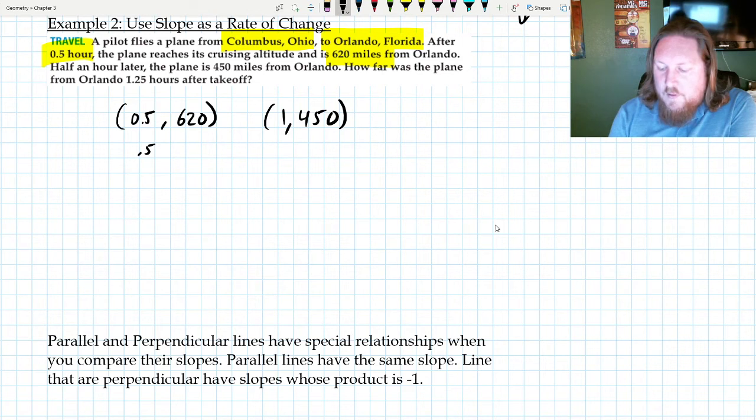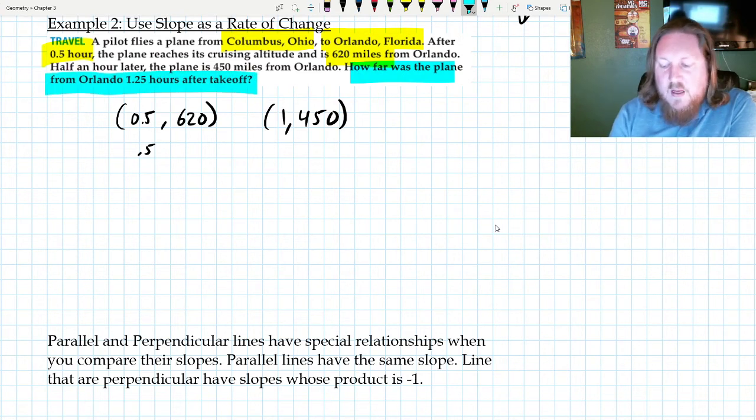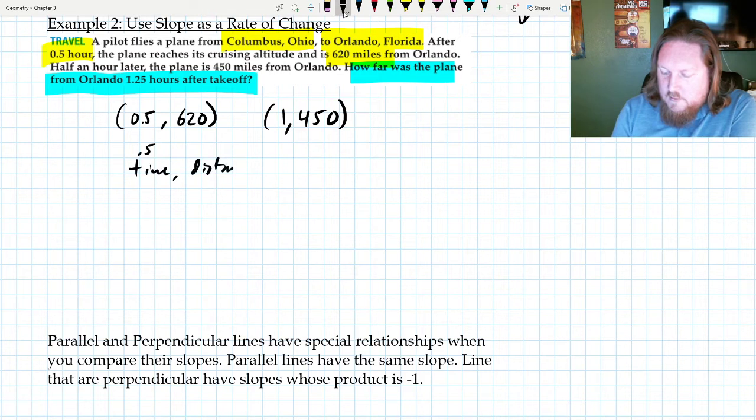How far was the plane? So we're not to the part yet where we get to answer how far the plane was in between those, like in another 0.25 hours. But let's calculate its rate of change based on these two coordinates: time and distance to Orlando, right?